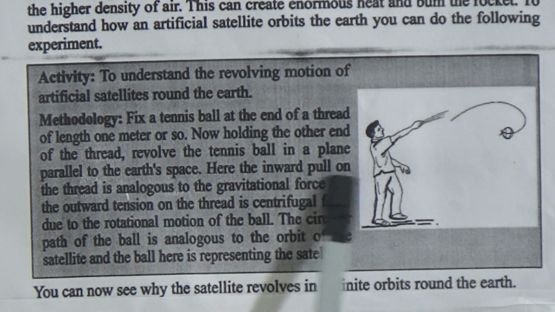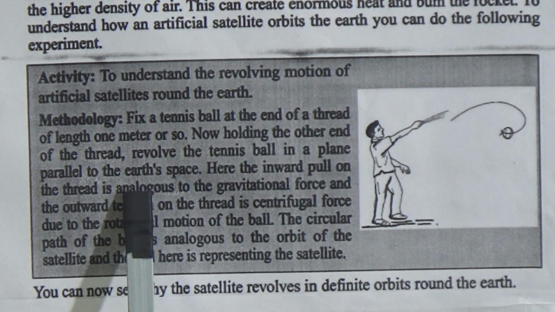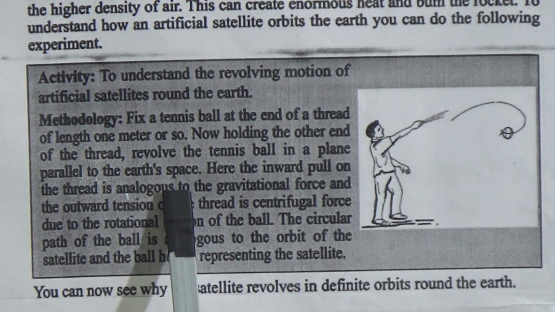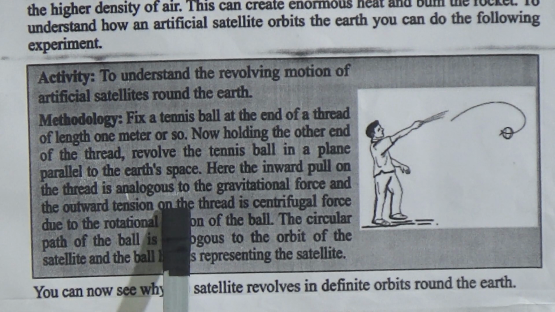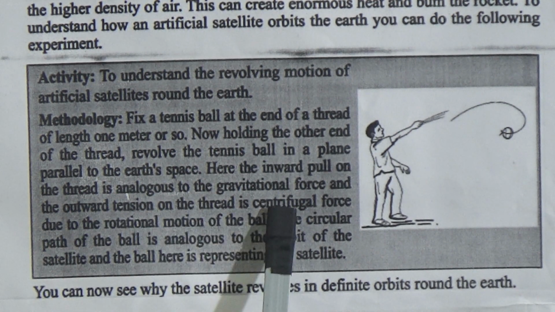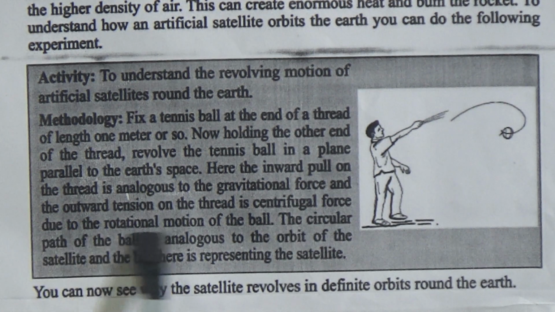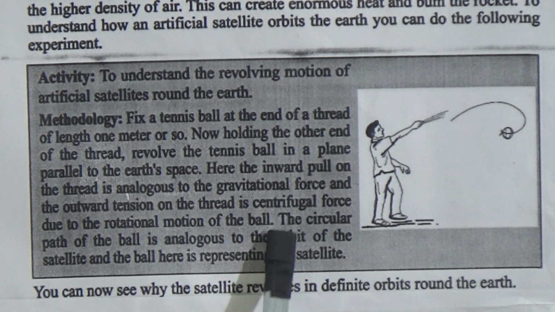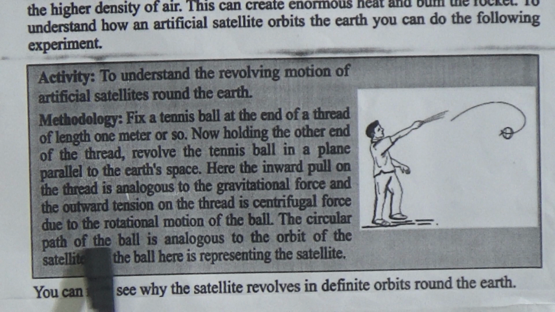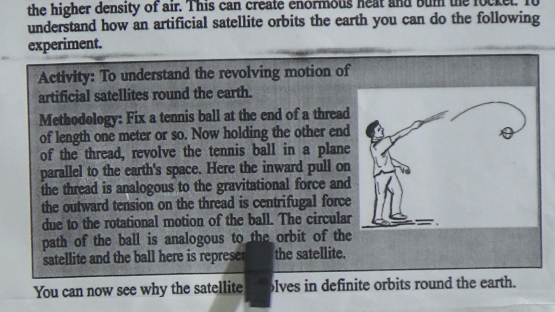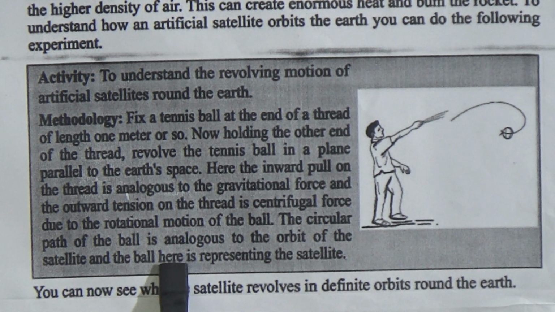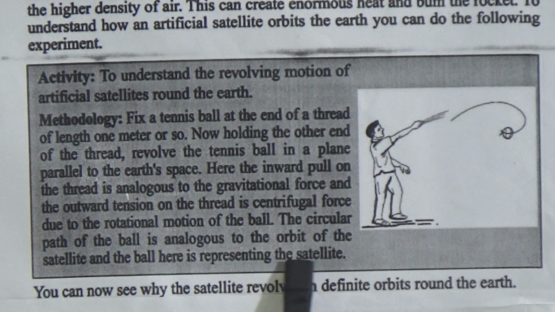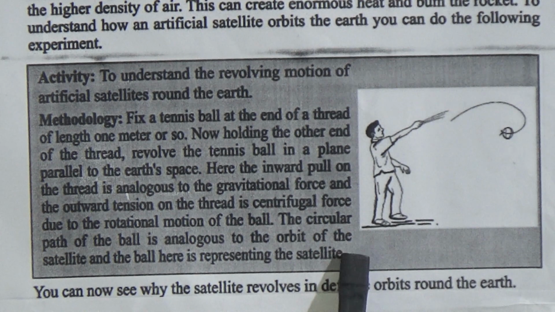Here, the inward pull on the thread is analogous to the gravitational force, and the outward tension on the thread is the centrifugal force due to the rotational motion of the ball. The circular path of the ball is analogous to the orbit of the satellite, and the ball here is representing the satellite.